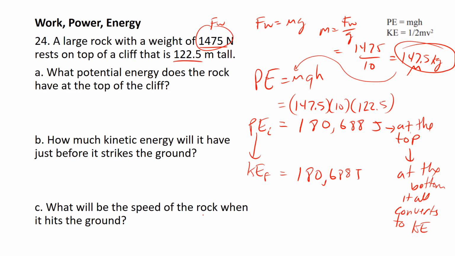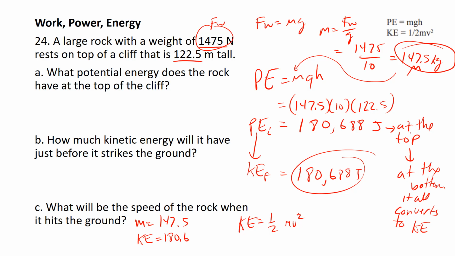Okay, and then what would the speed of the rock be at the bottom? KE equals 1/2 mv squared. We have a mass of 147.5 and a kinetic energy of 180,688. If we rearrange this equation, we'll have everything we need to figure out the velocity.